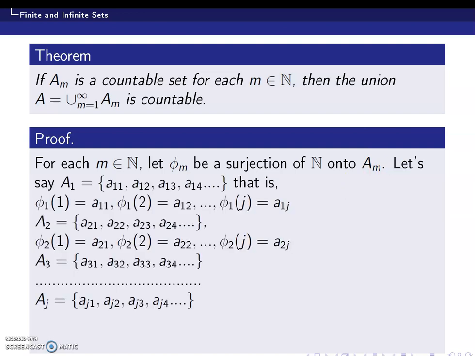So let's represent the elements of each of these sets. The first set A_1 is given as a countable set.